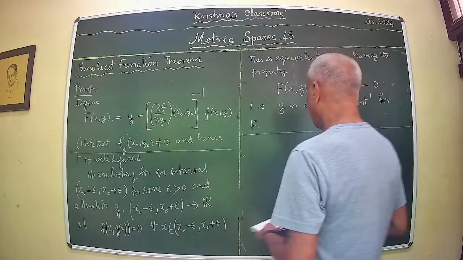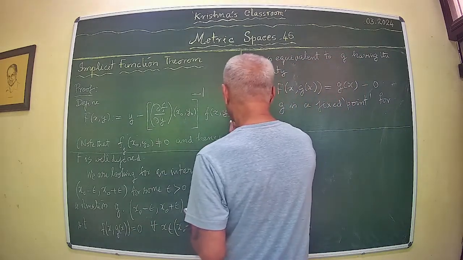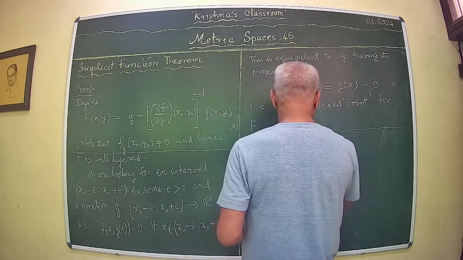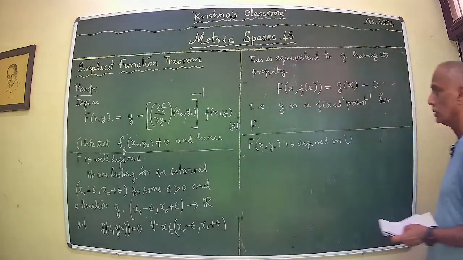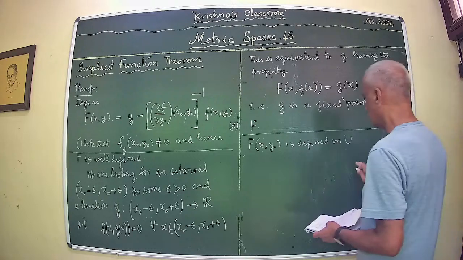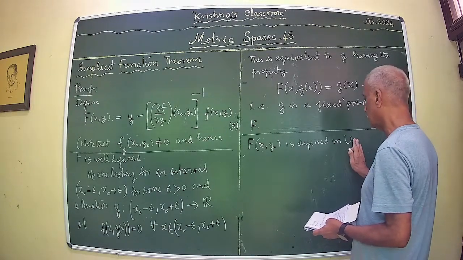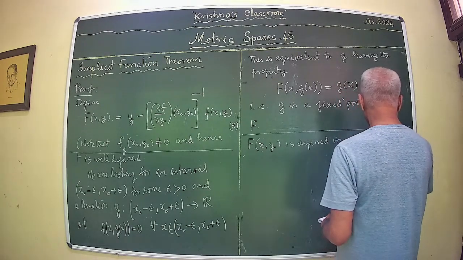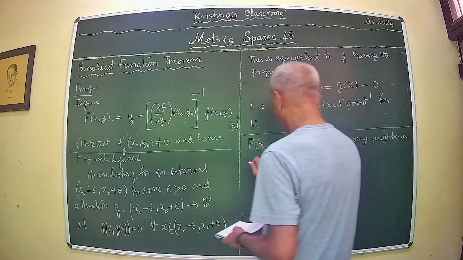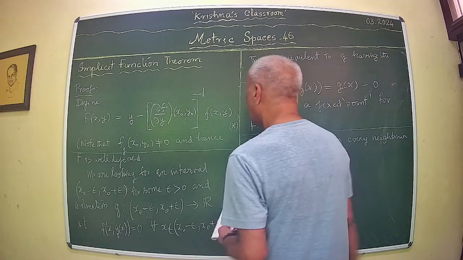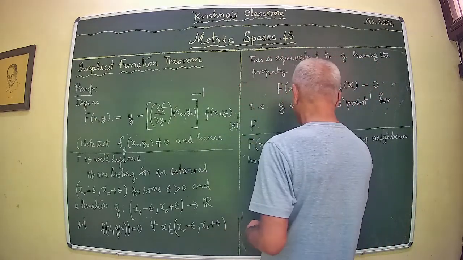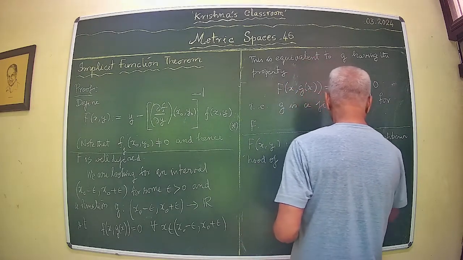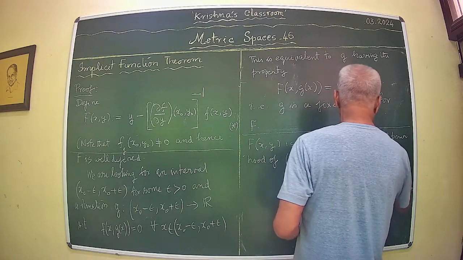Okay. Now we have f(x, y) in every neighborhood of, where not equal to 0.